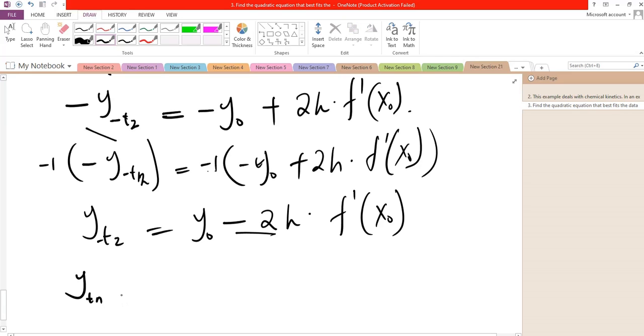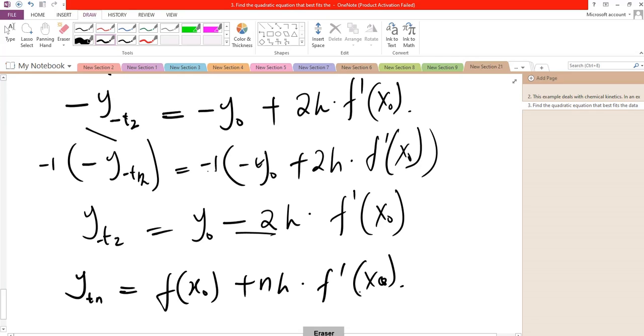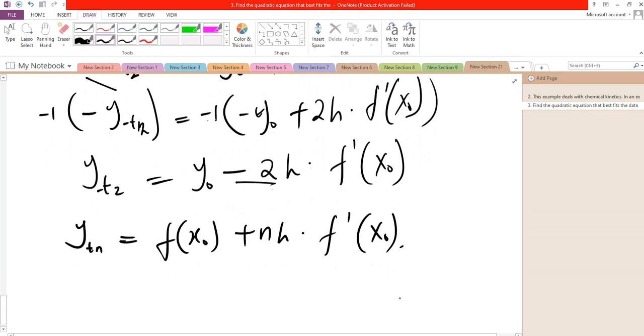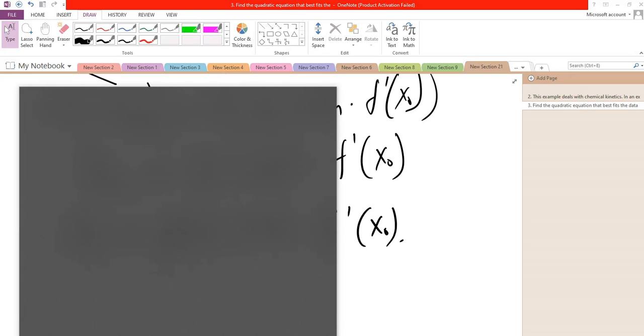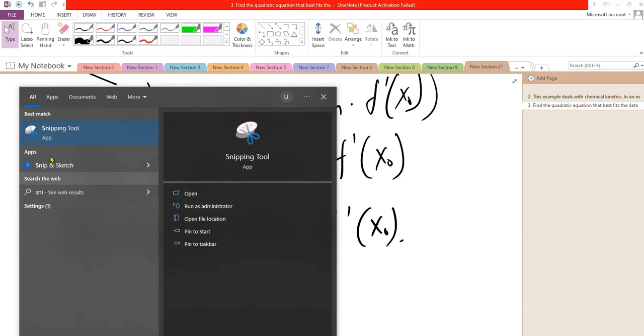Y equal to f of x0 plus n h dot f of x0. Now let me use snipping.